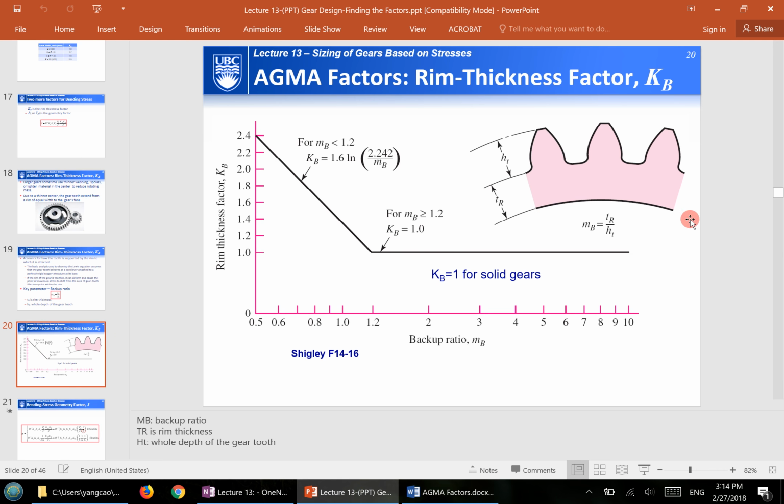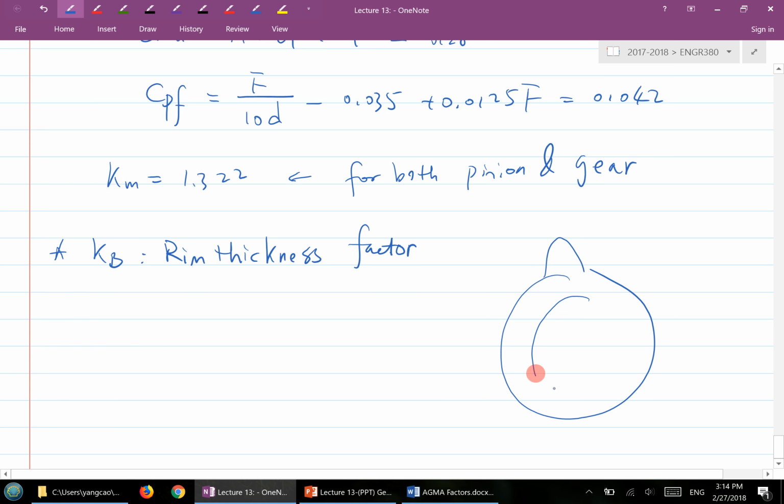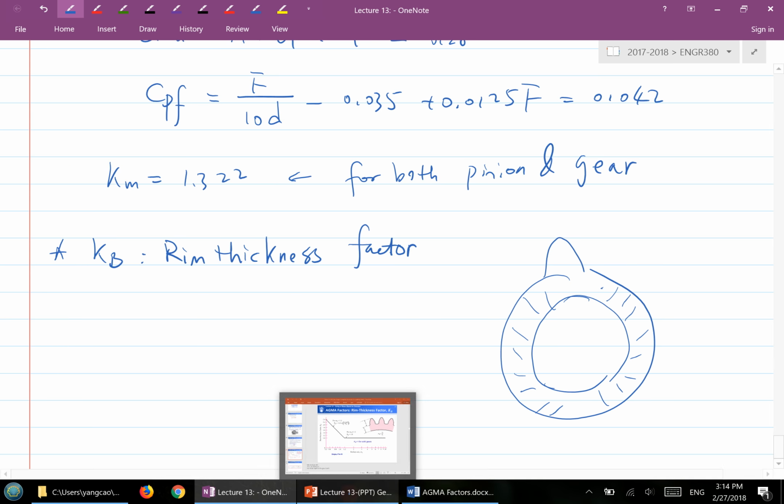When you manufacture a gear, sometimes you remove a certain amount of material to make it a little bit lighter, and then you have essentially a rim right here.